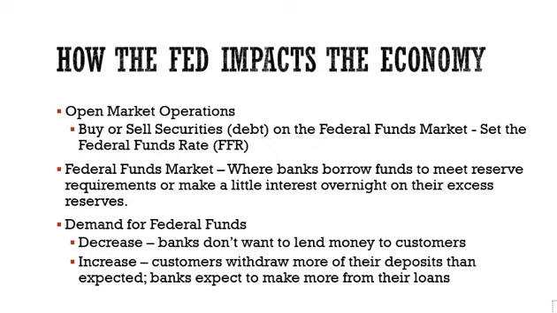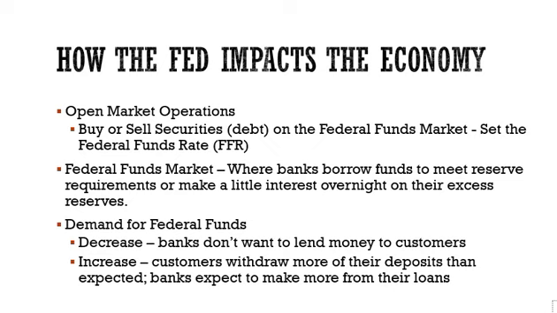And again, that's because either they can't meet the required reserves or they want to make a little bit of interest. So the Fed can change that rate of interest, the federal funds rate, through open market operations. Some things that could impact the demand for federal funds: one, if banks don't want to lend money to customers.